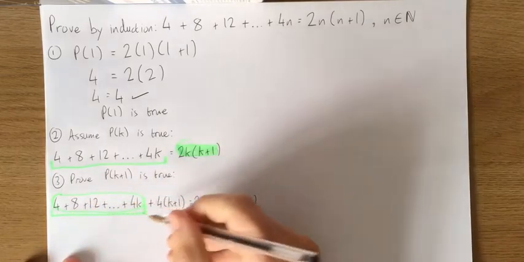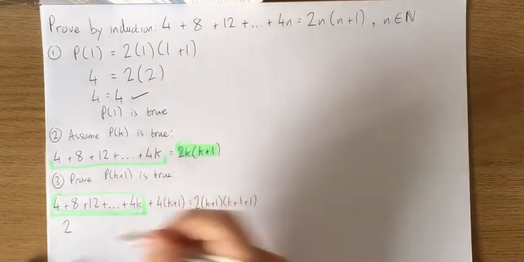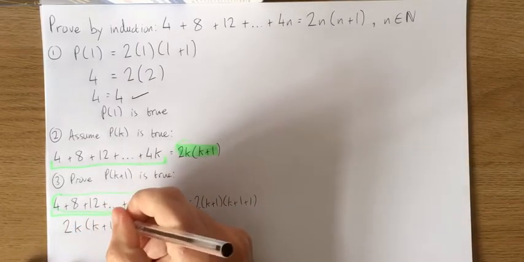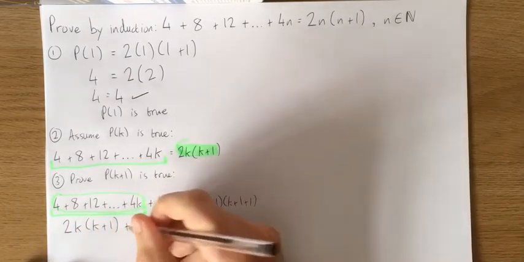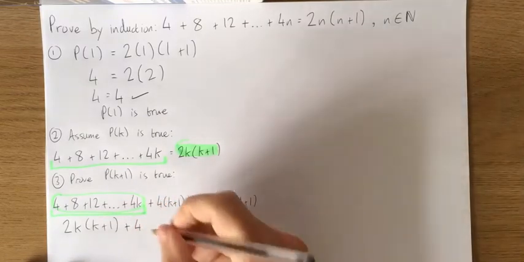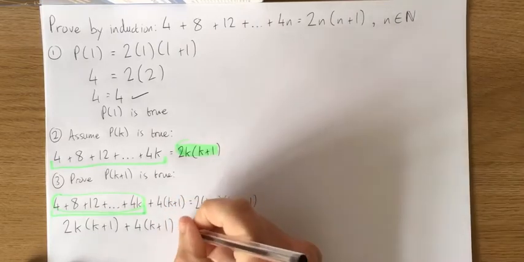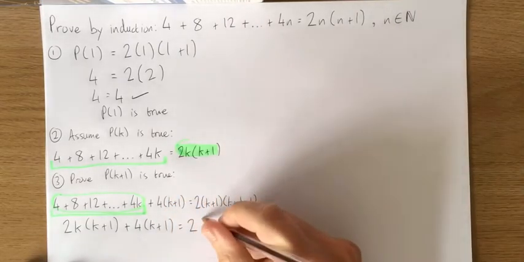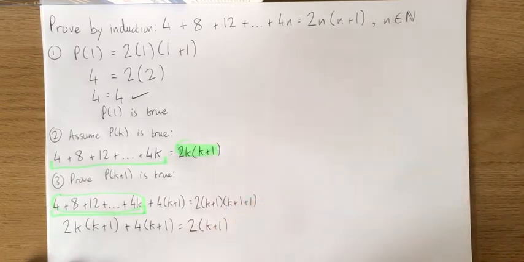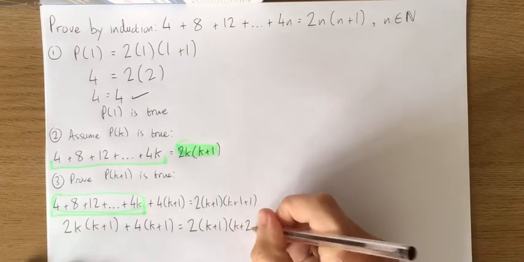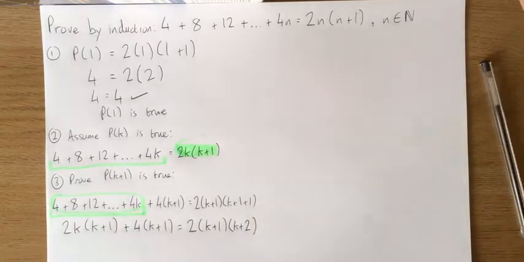So instead of this, I'm going to write 2k on k plus 1, and then plus my 4 on k plus 1 that I still have there, and that's equal to 2 on k plus 1 on k plus 1 is 2, so that's k plus 2.